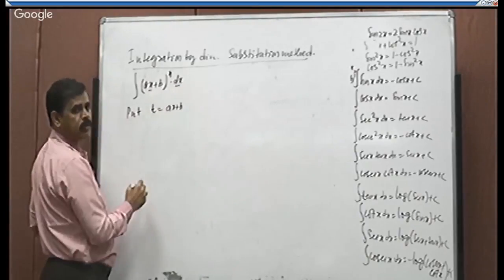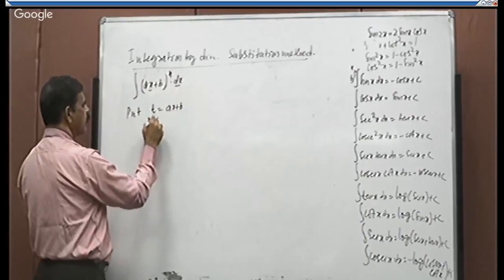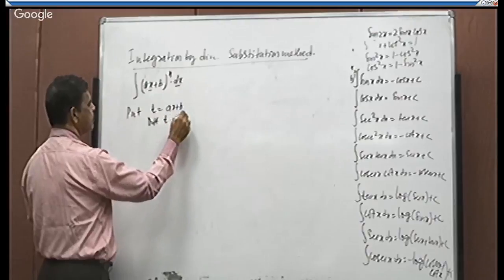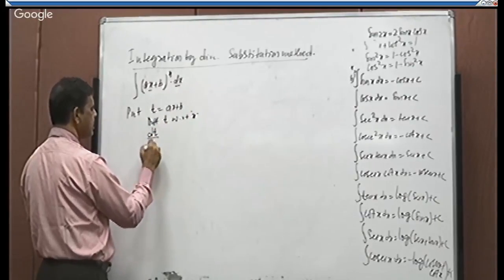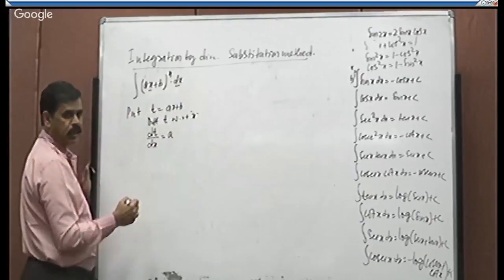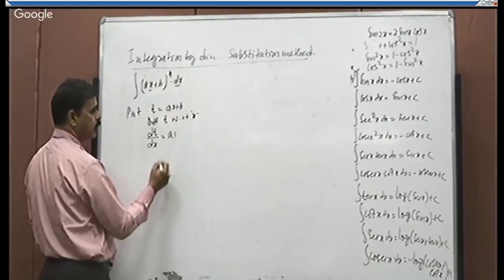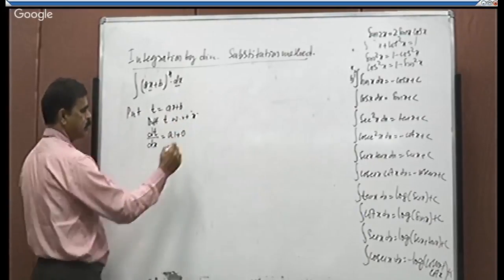To get dx, I should go for differentiation. Differentiate t with respect to x. I will get dt divided by dx is equal to the differentiation of ax, which is a into 1, plus the differentiation of any constant, which is 0.